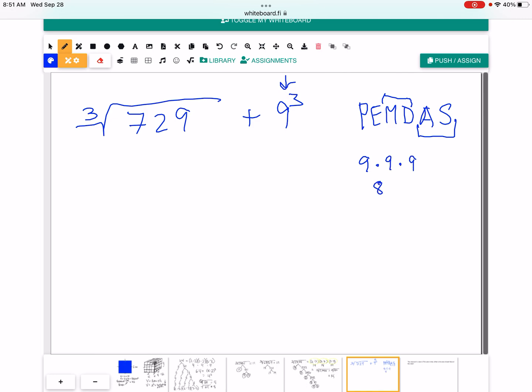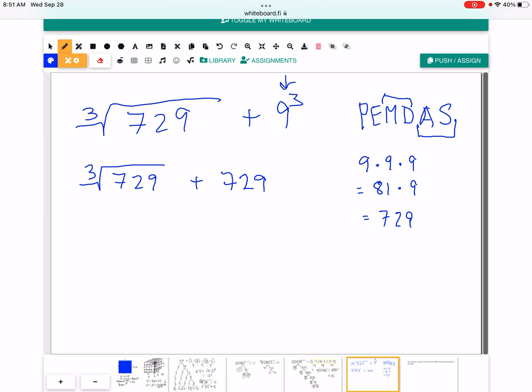So that would be 81 times 9, which is 729. And now that we see that, wow, I've got the cube root of 729 plus 729.